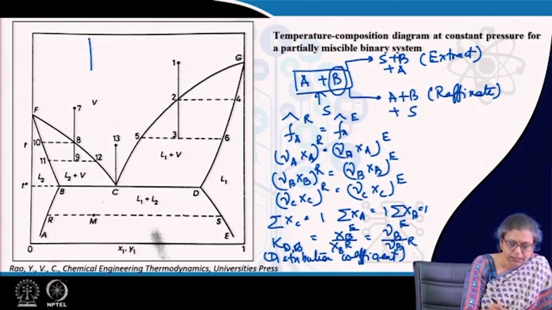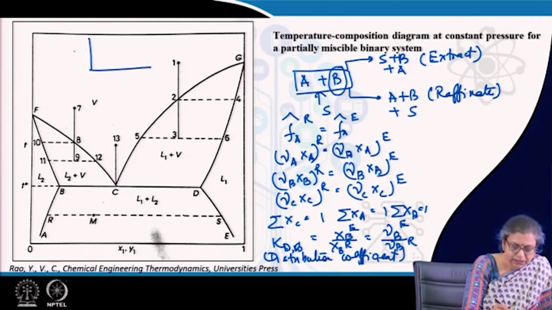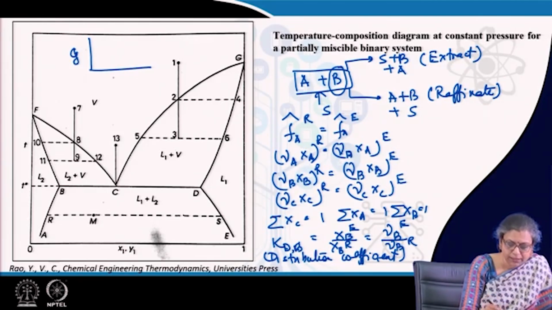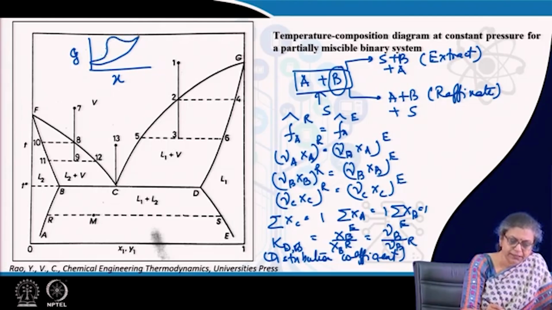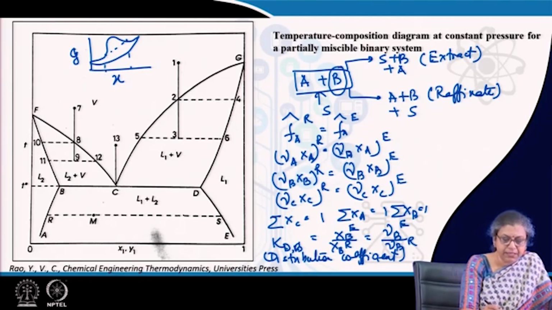If we draw the molar Gibbs free energy as a function of x, we find that for an immiscible system the Gibbs free energy over some range is actually higher. So, for this particular range, the two solutions would prefer to be separated rather than being in a solution.